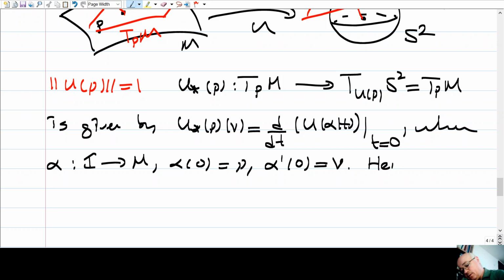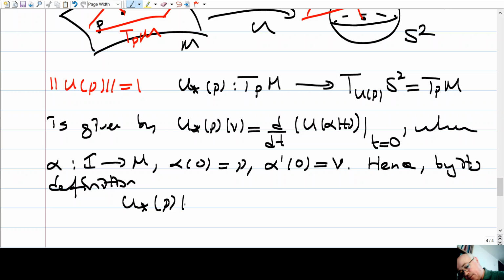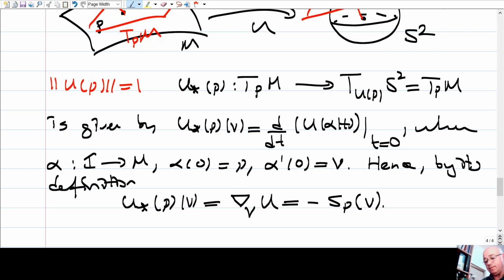Hence, by its definition, u star p v is nothing but the derivative of u along the vector v. So it is just this, and this is just the shape operator with a minus sign.